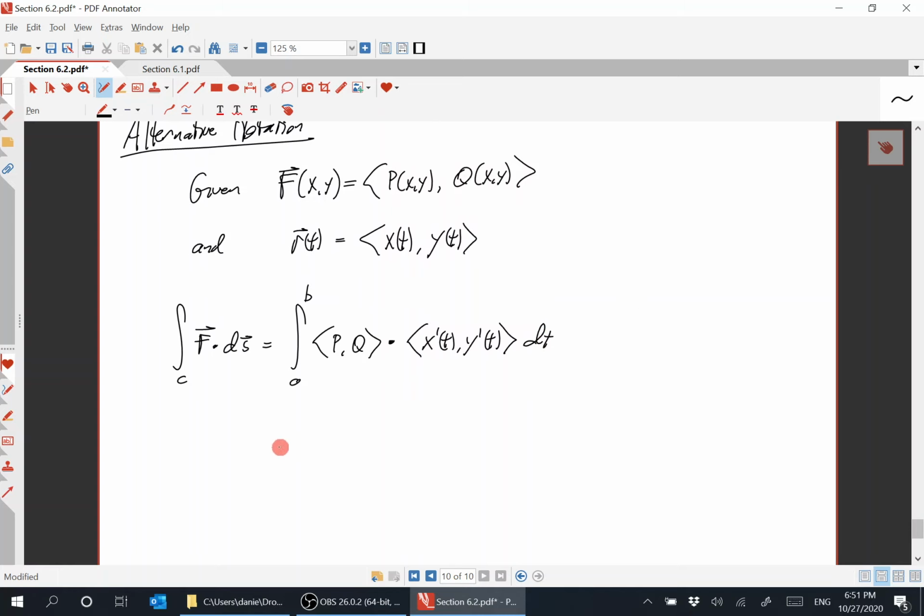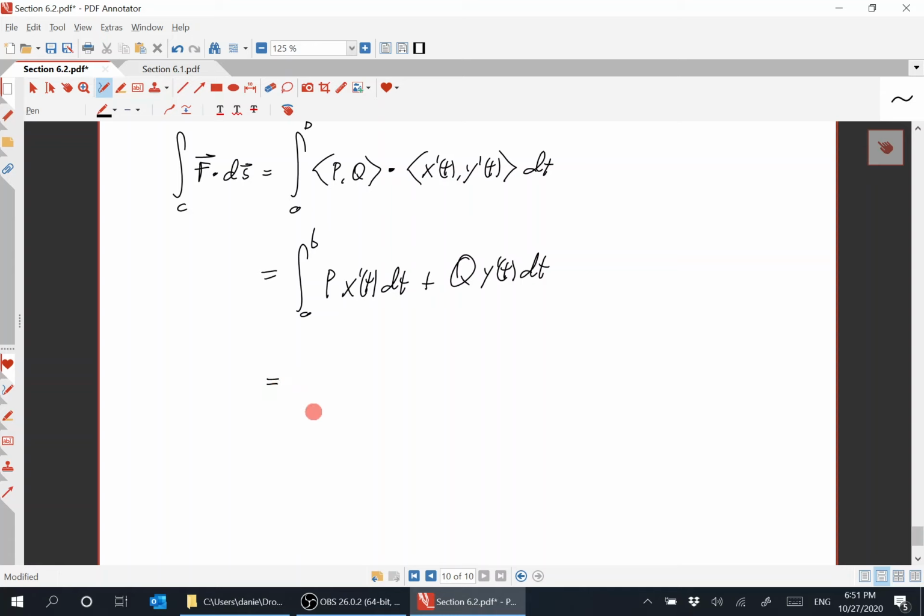Evaluate that dot product, it's equal to the integral from a to b, p times x prime of t dt plus q times y prime of t dt.